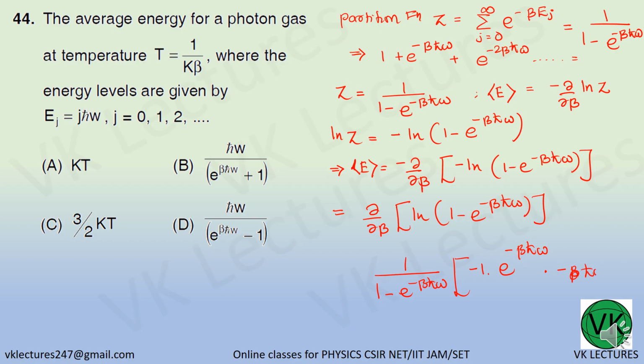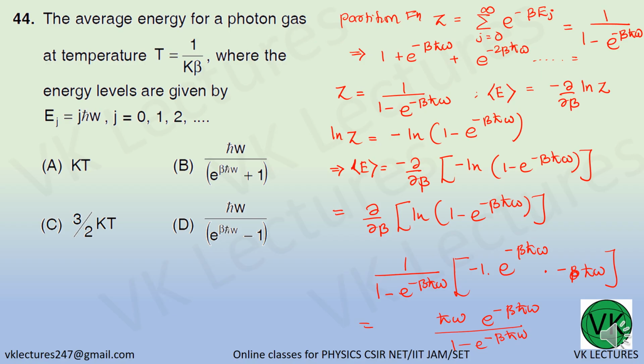h cross omega. With respect to beta we are differentiating, so now we get h cross omega divided by 1 minus e to the power minus beta h cross omega, and minus and minus gives plus h cross omega e to the power minus beta h cross omega.